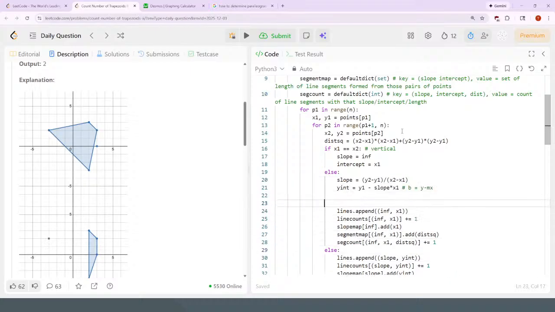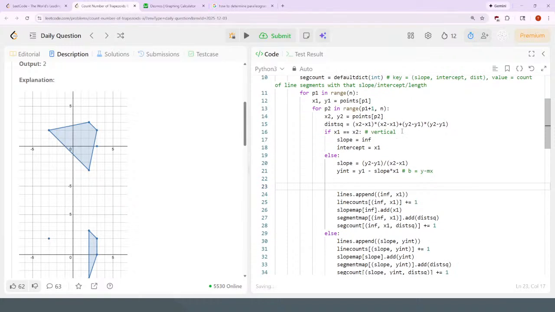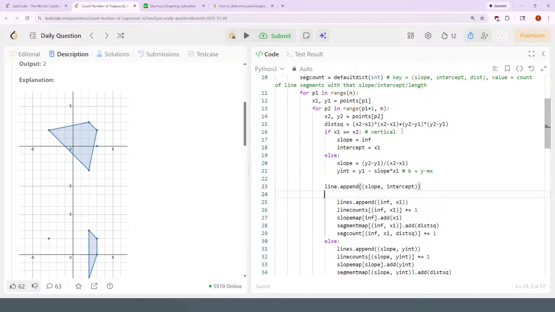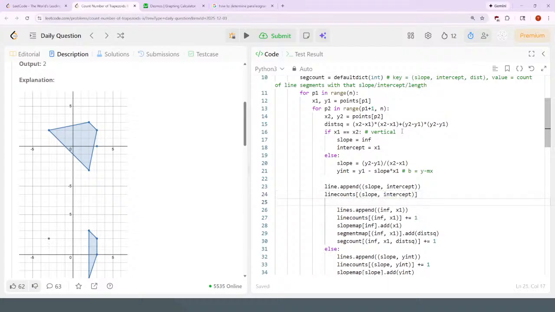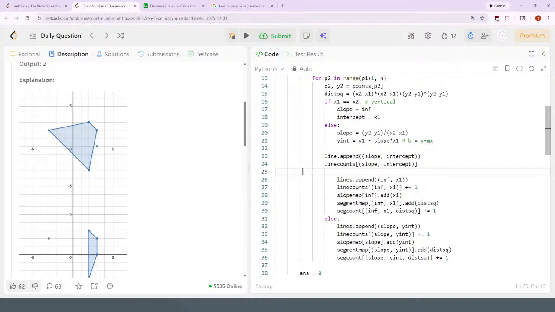And then in general, I will do in lines append the slope comma intercept. Line counts is outdated, but I'll update it for sure, just to make sure everything works in general. And then I'll remove it once it hopefully works.